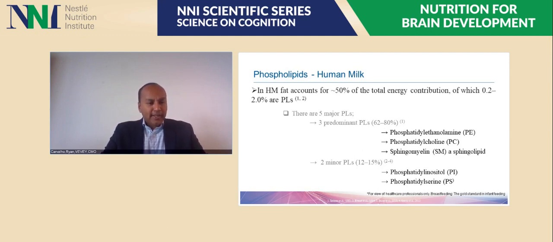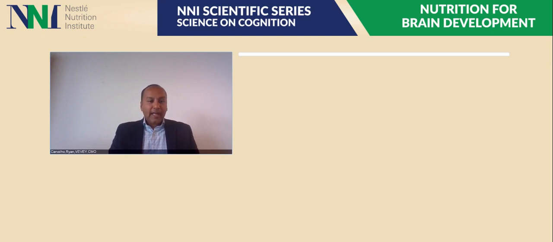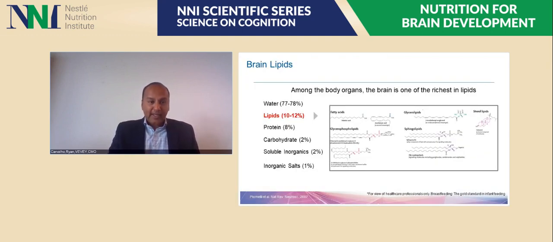And when you look at the body in general, and when you look at the brain more specifically, to look at what are the various components contributing to this, you will see that lipids are about 10 to 12%.